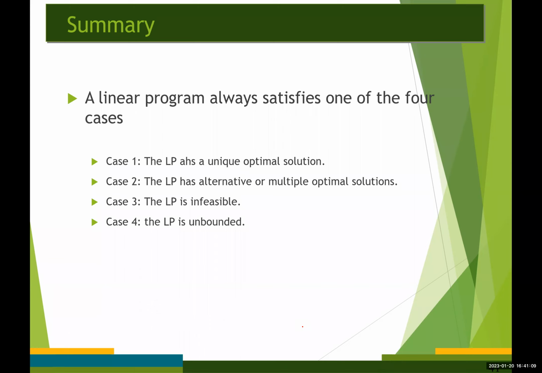Also, an LP could have alternative or multiple or an infinite number of optimal solutions, so that's the second case. The third case, the given LP could be infeasible, because the feasible region contains no points. And the last case would be unbounded LPs.